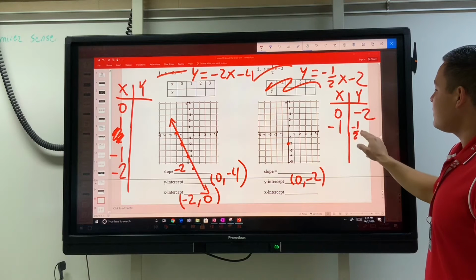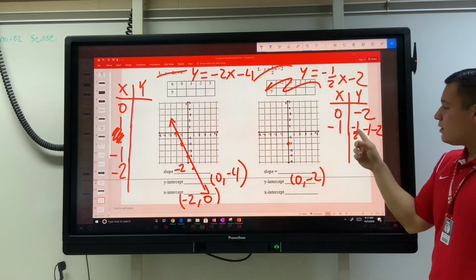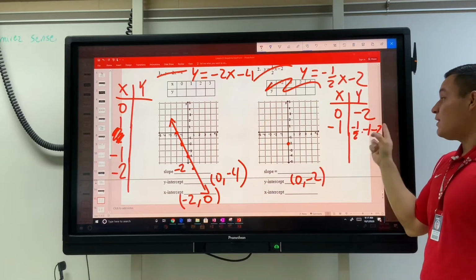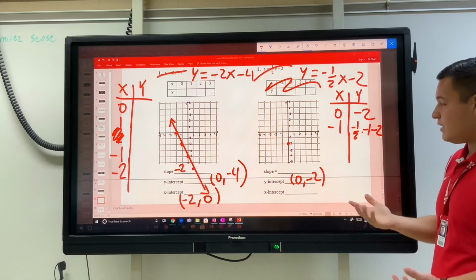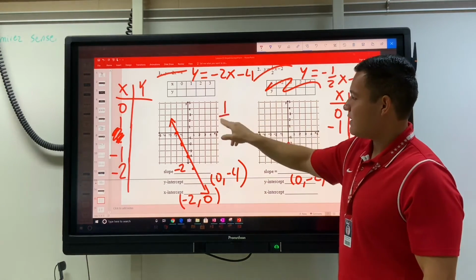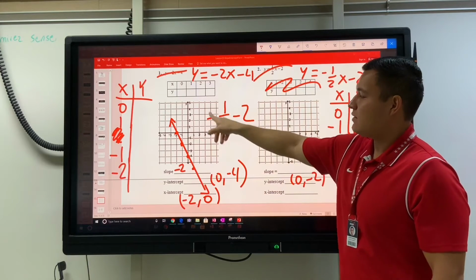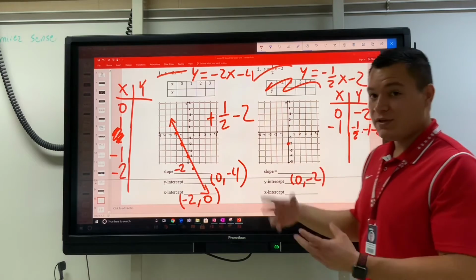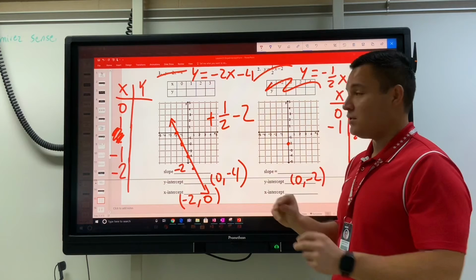Let's do negative 1. Negative 1/2 times negative 1 minus 2. Two negatives make a positive, and then what is half of 1? Half of 1 is going to be a half. So we have a positive 1/2 minus 2. This one is a positive, this one's a negative. So really, they're going to cancel each other out partially.